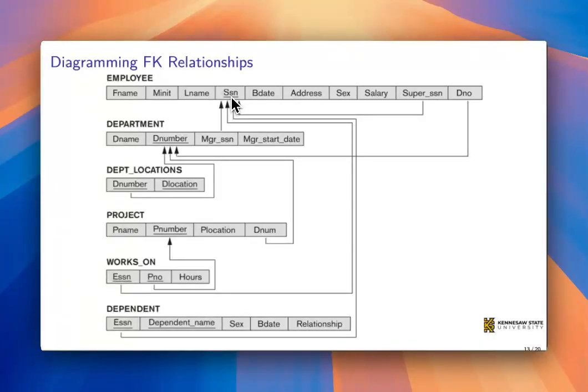Notice also that we can have a recursive foreign key relationship. For an employee, notice that there's a supervisor social security number, and it references employee, so it references social security number. Every employee has a direct supervisor, and that's represented with a recursive foreign key relationship in the employee relation.